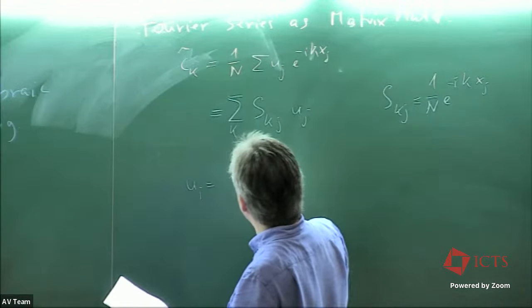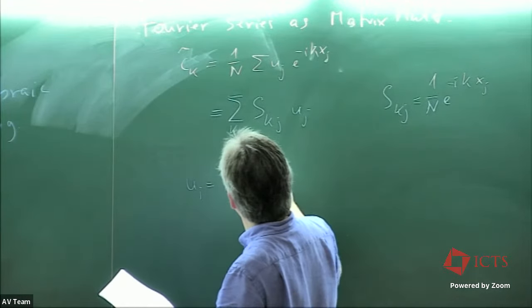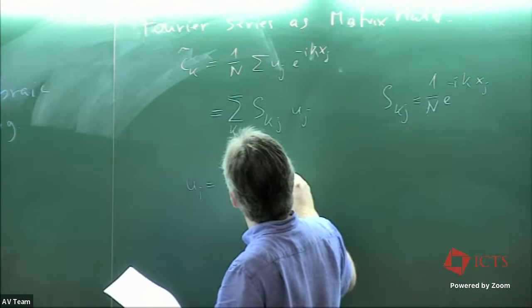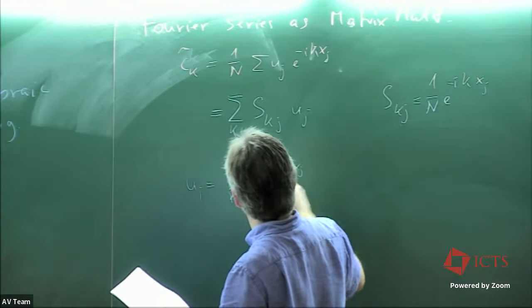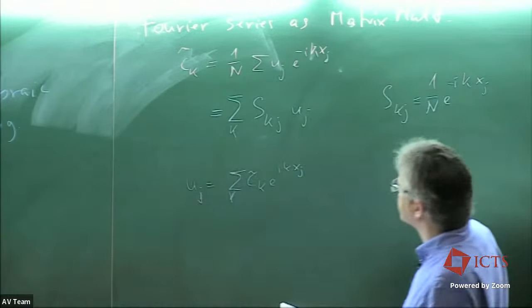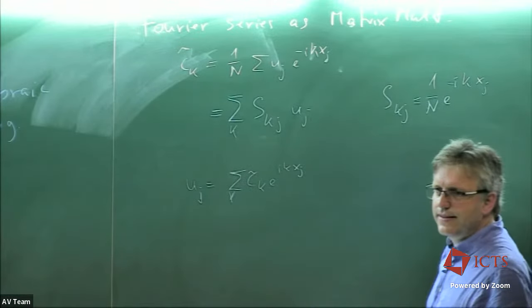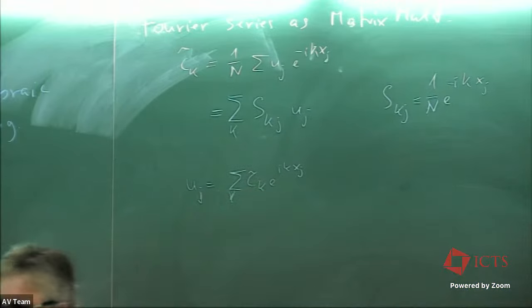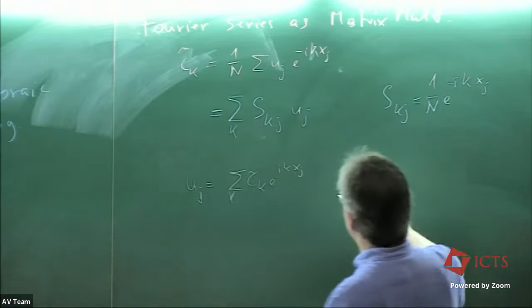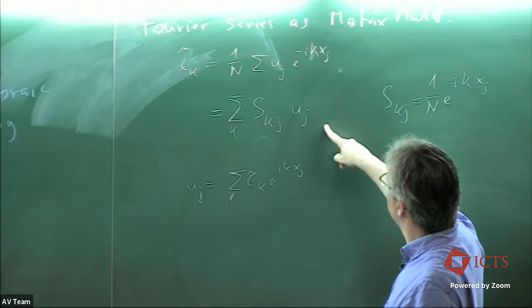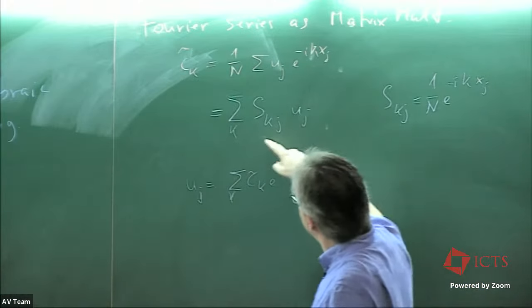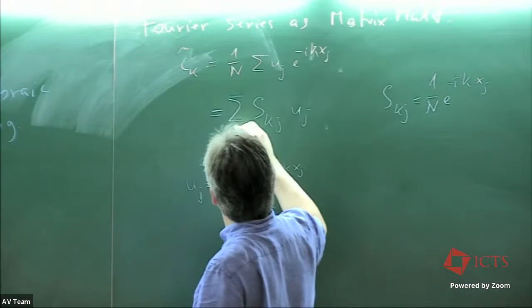So going back to real space was the sum over the spectral coefficients, e to the i k x_j. Sorry? Sum over k or sum over j? That sum is over k, thank you.